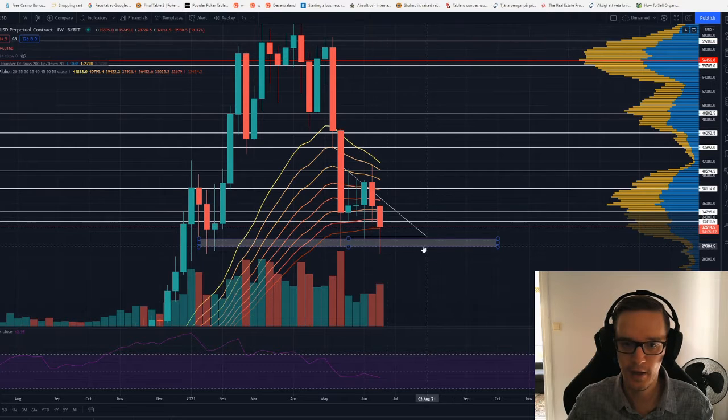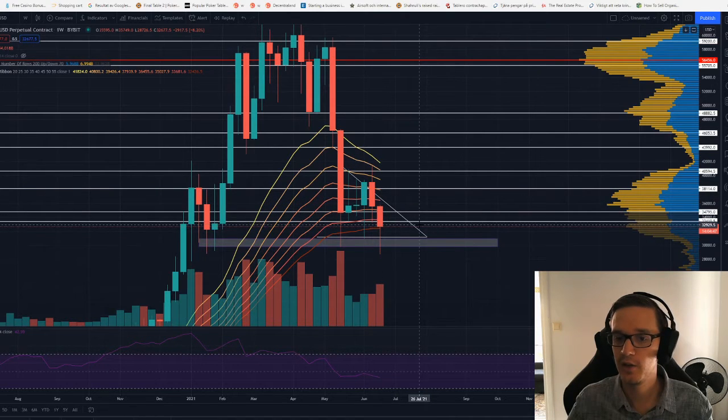However, what we can see right now, I said it yesterday, that as long as we are above this ribbon, these two lines over here, the 50 EMA and the 55 exponential moving average here, we are still in an uptrend on the weekly chart.